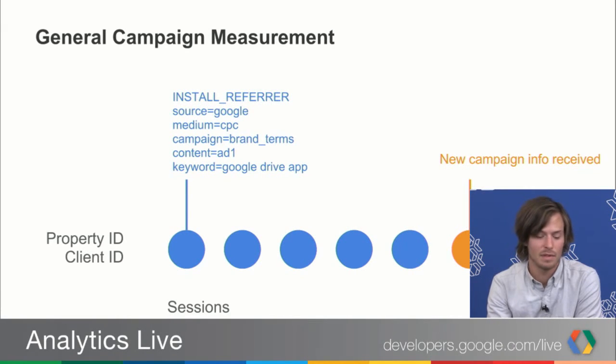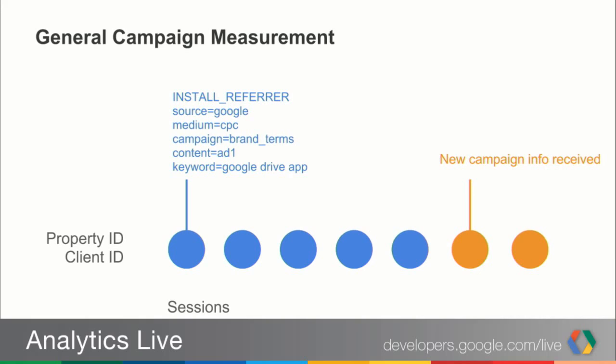And just to show you what's going to happen, to return to this slide, up until that point, all the sessions that the user had in that application will be attributed to whatever was sent through at install time. And then as soon as you do that next attribution step, so if it's a deep link or whatever else, as soon as you call setCampaign and then send a hit, all of that session and any subsequent sessions will be tagged with that new source.